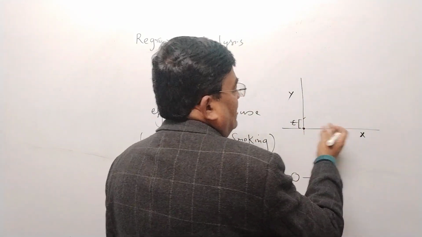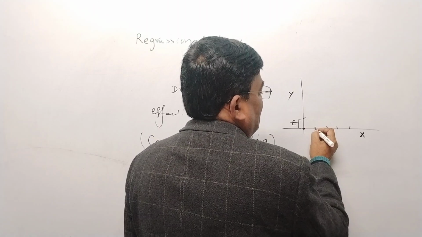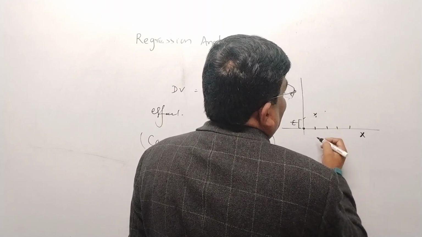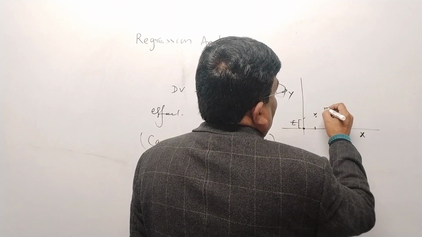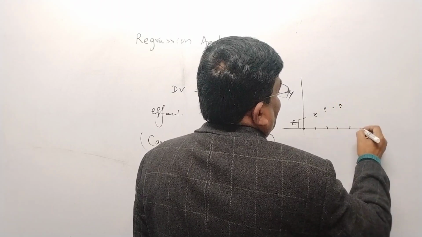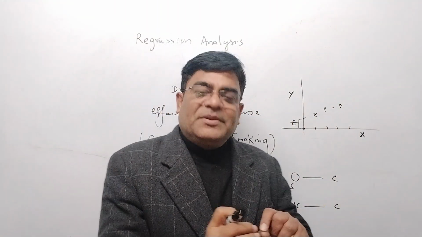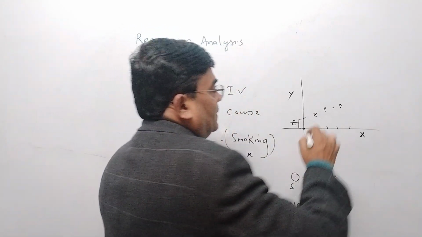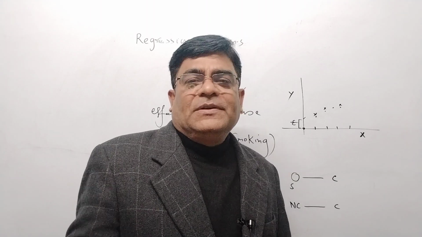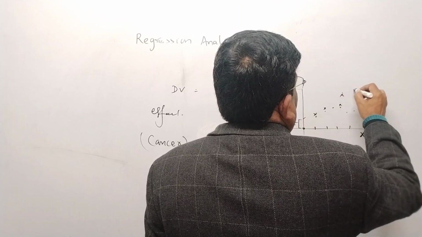Now see the frequency of cancer. Suppose case 1 smokes and develops cancer, this one yes, this one yes, and suppose this one smokes, no cancer, this one yes. You may find this kind of pattern: in some cases cancer is there, in some cases it is not. Suppose for 3 months no cancer. So when you observe a large pool of data, you find smoking cases here and cancer cases here.